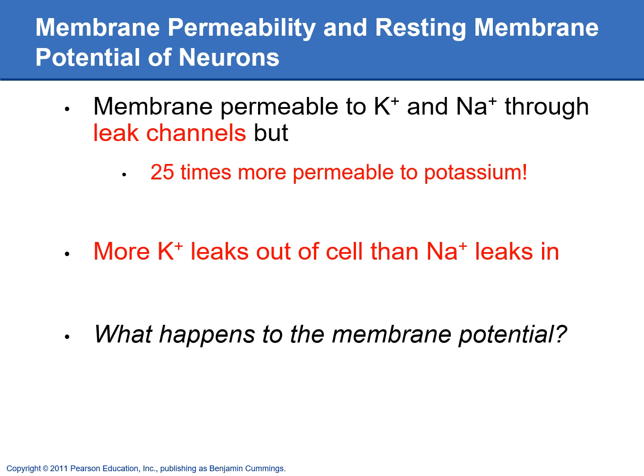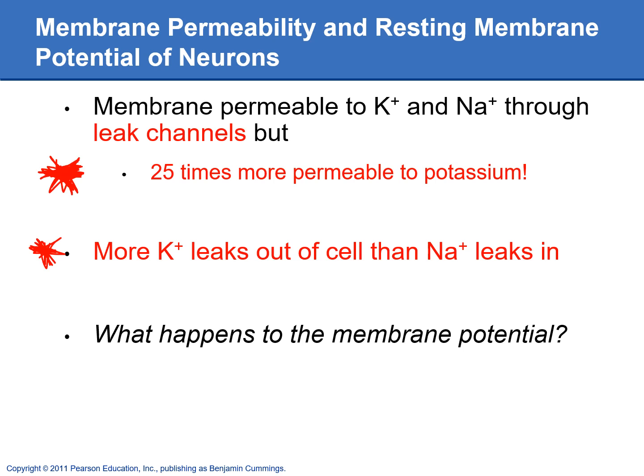All right, so just to reinforce all this, very important to remember that in our neurons, we have 25 times more potassium leak channels than we do sodium leak channels. So it's going to be a lot more potassium leaking out of our neuron than sodium leaking in.